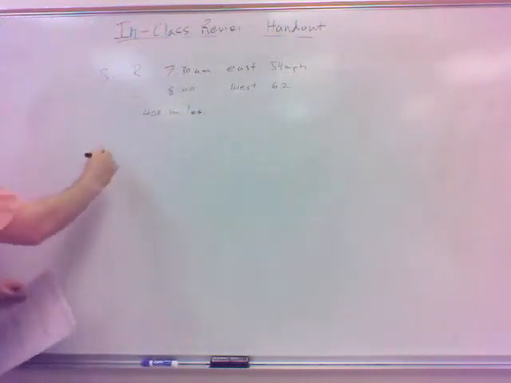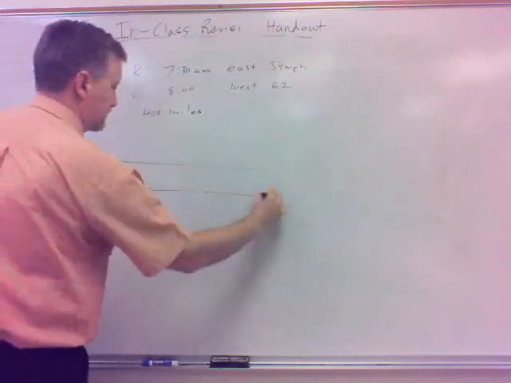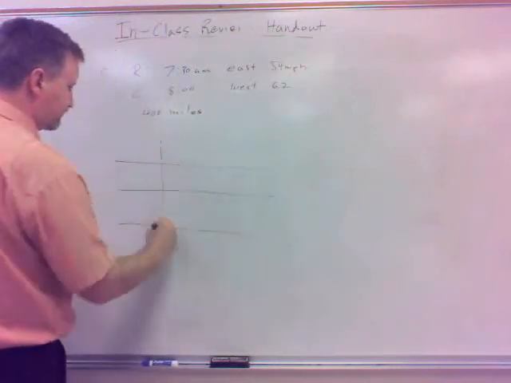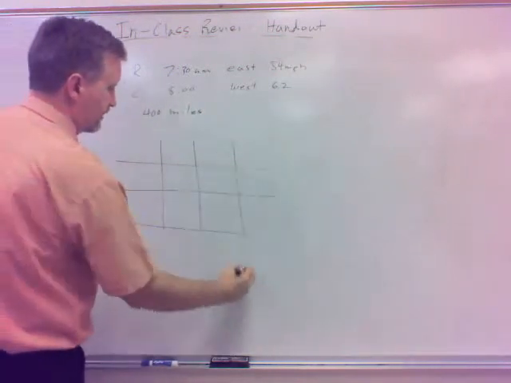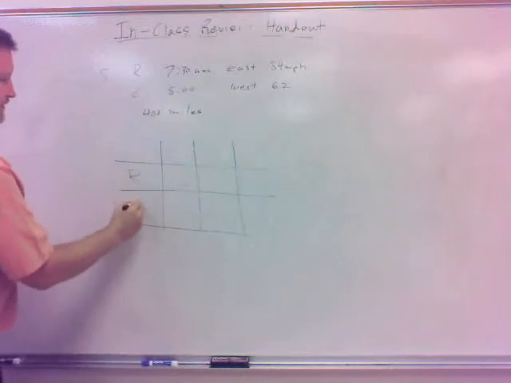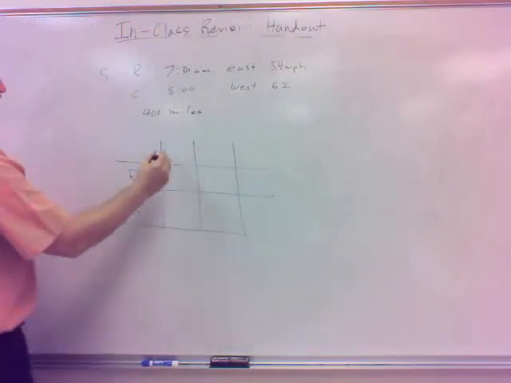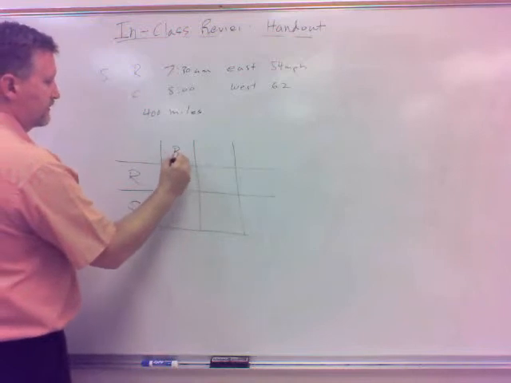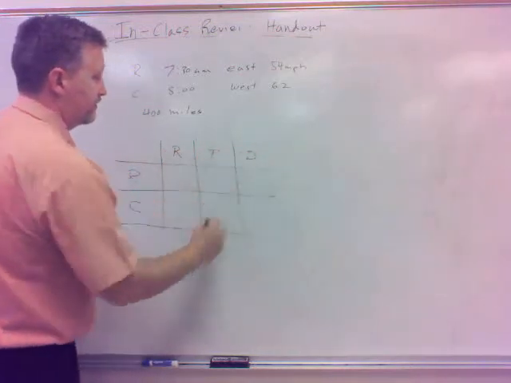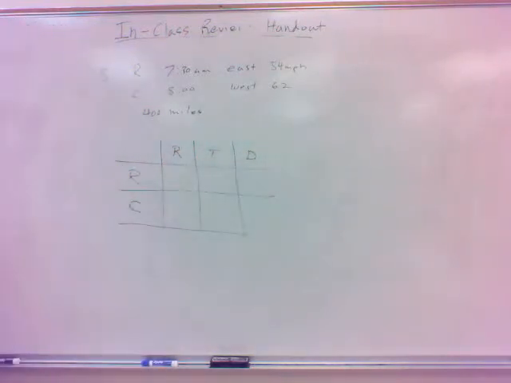Okay, well, the way we designed this one up, visualized it anyway, a little table, Richard and Carol. So we did an RTD table on this one: rate, time, and distance.